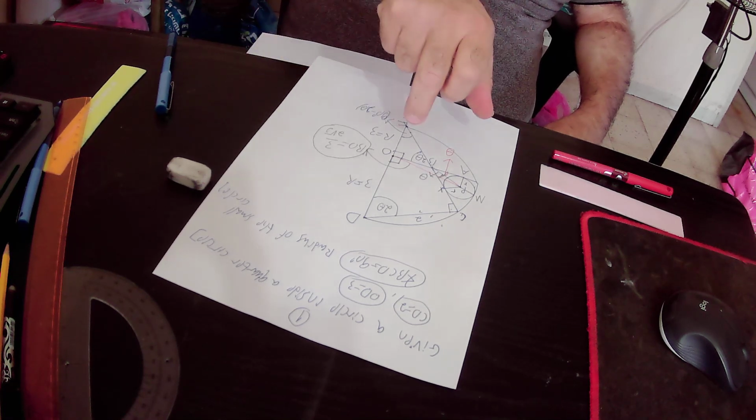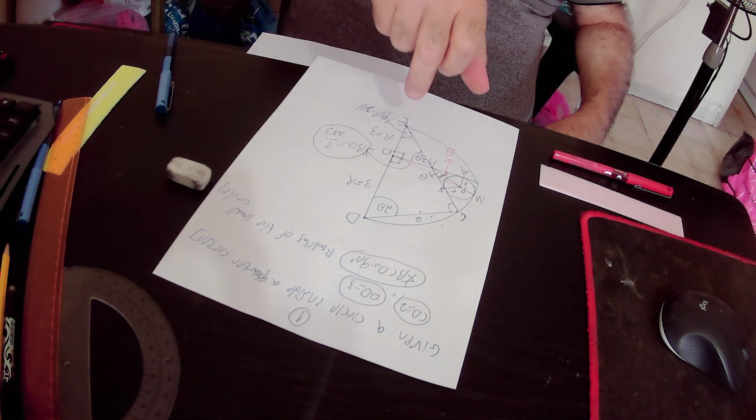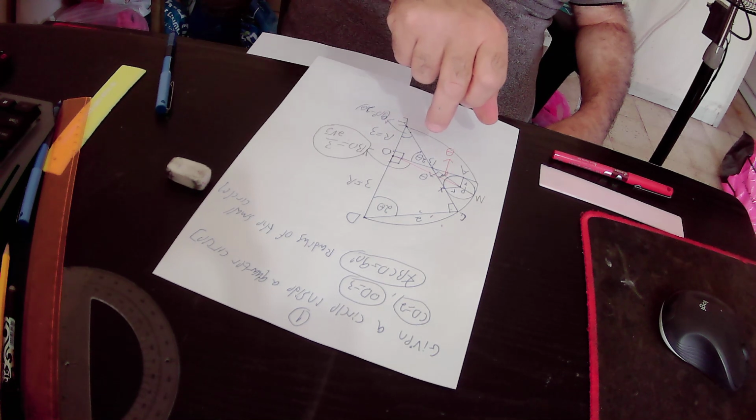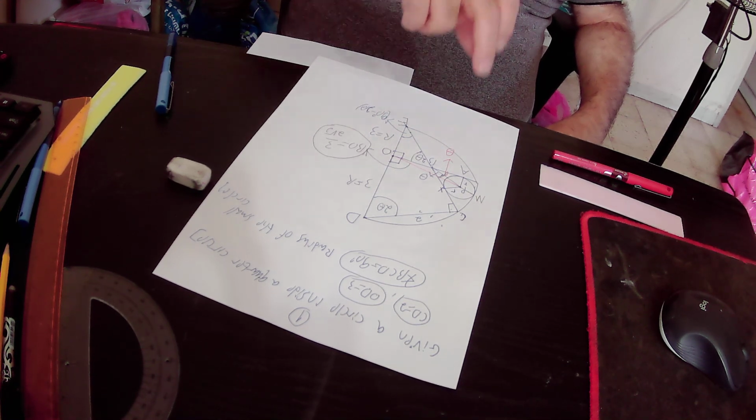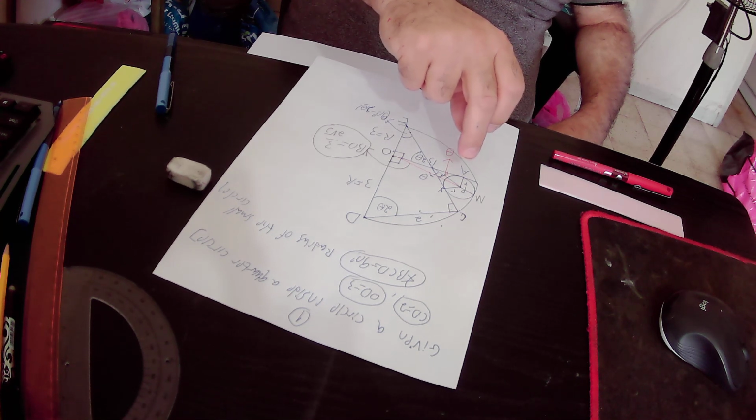Again, OA is the tangent of the small circle, and AP is the radius of the small circle.